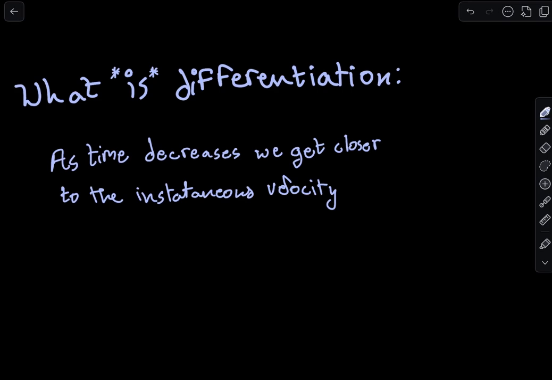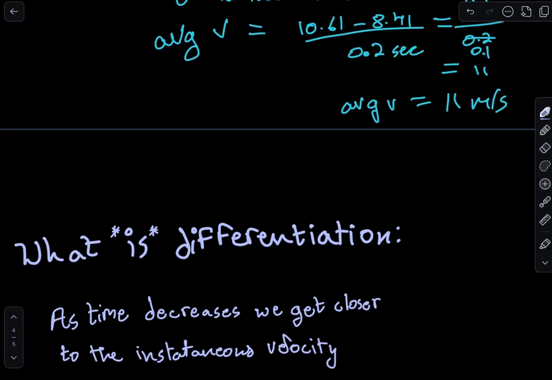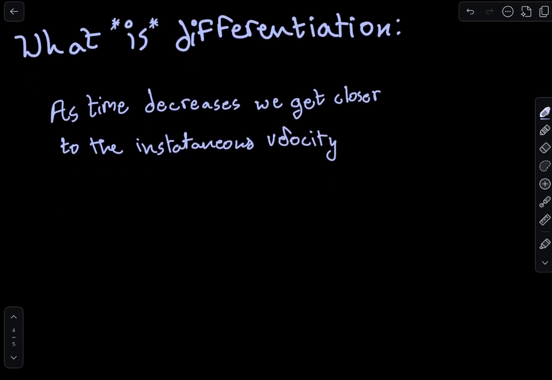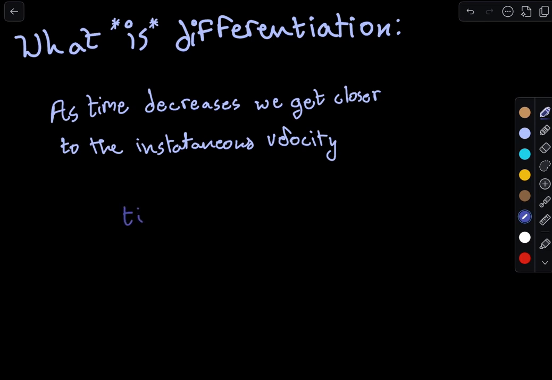What exactly is differentiation? Well, as we saw here, as the time interval decreases, we get closer to the instantaneous value. So, how would we get the instantaneous value? What if the time was 0? But well, we can't use that. So, how would we do that?